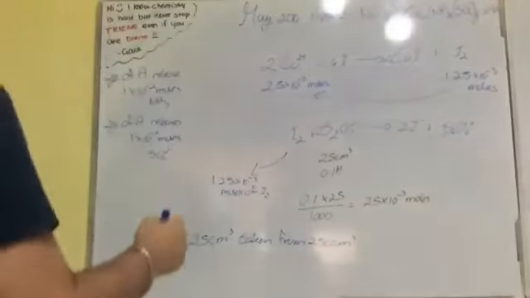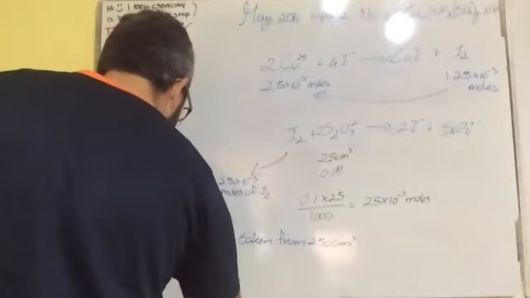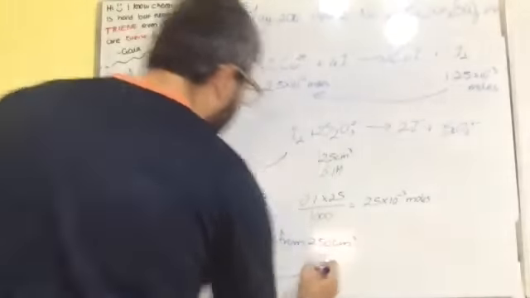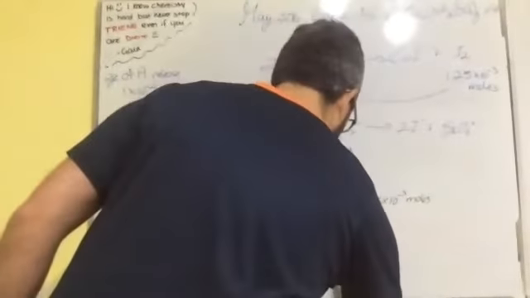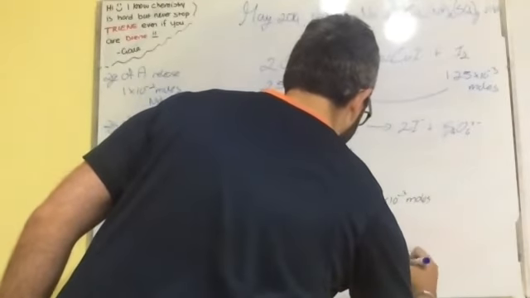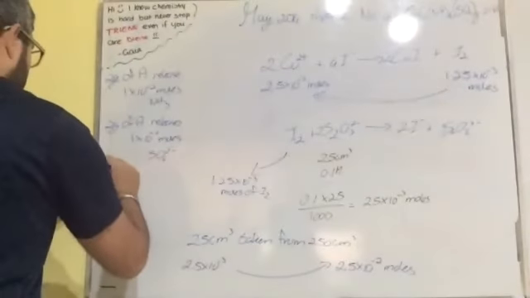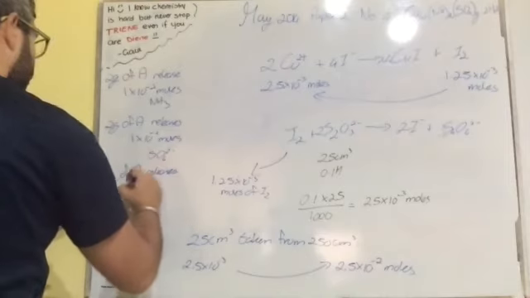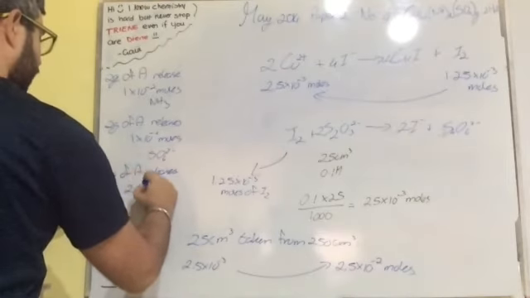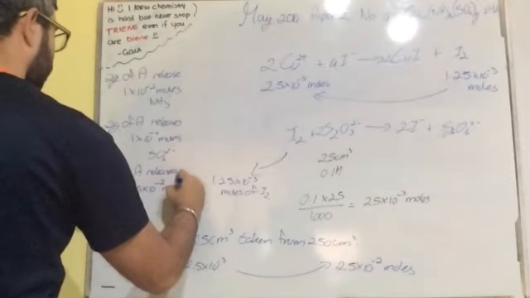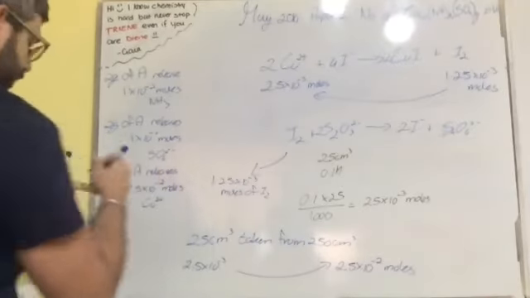So if the 2.5 were found in 25 centimeters cubed, in the original amount, you must have had 2.5 times 10 to the minus 2 moles. And again, we can say that 10 grams of A releases 2.5 times 10 to the minus 2 moles of Cu2+.